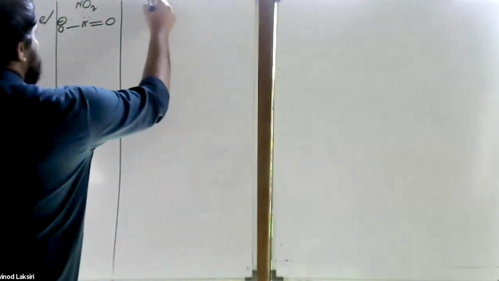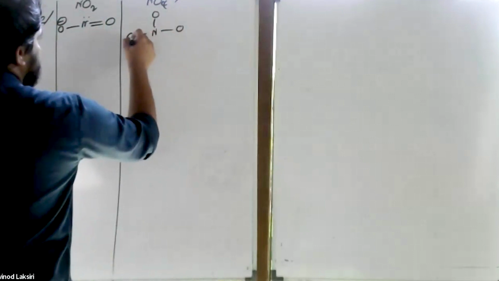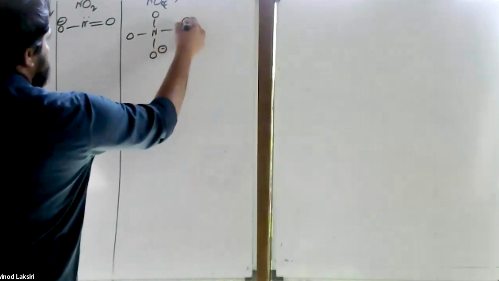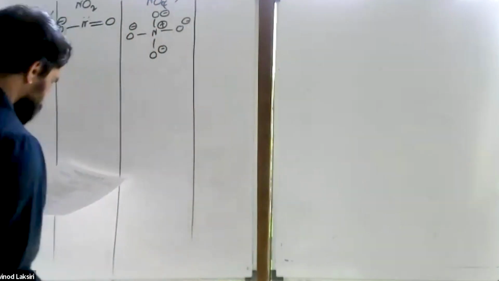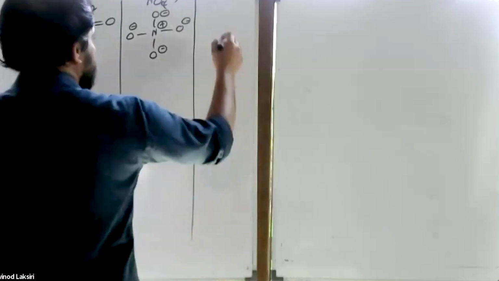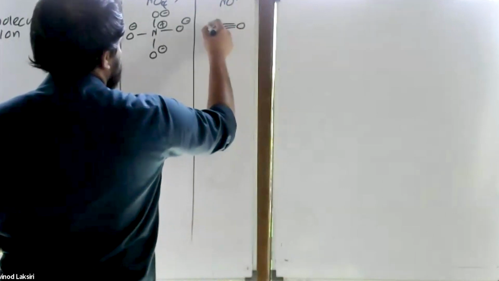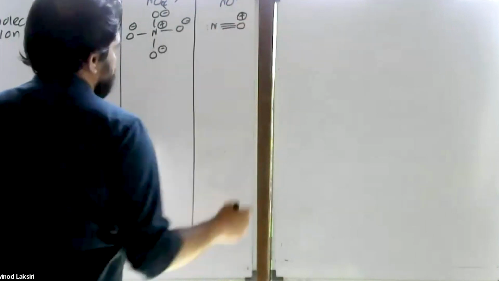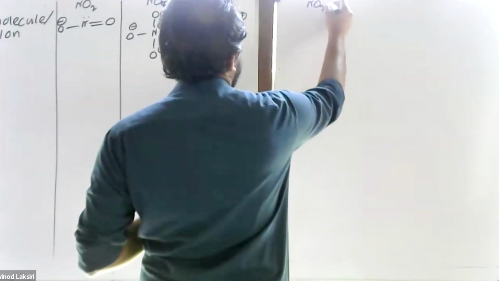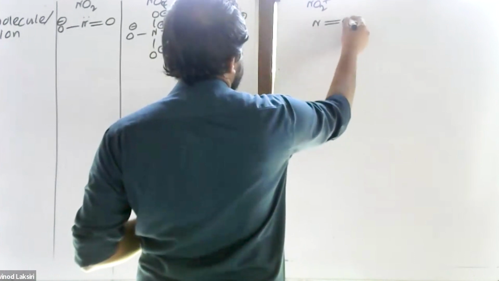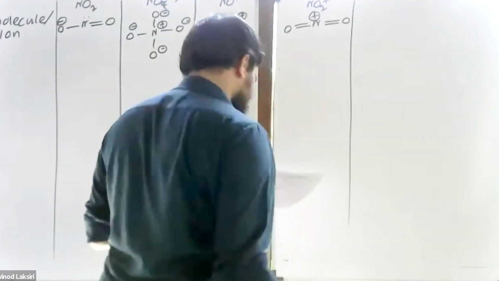Then NO4 3 minus. This is the structure. There is a theory to draw the structure, but the general molecules you have to remember. NO plus: this is the structure, with the positive charge present on oxygen. And NO2 plus: nitrogen, double bond to oxygen, positive charge present on nitrogen.